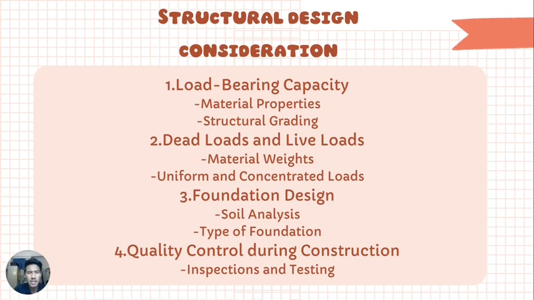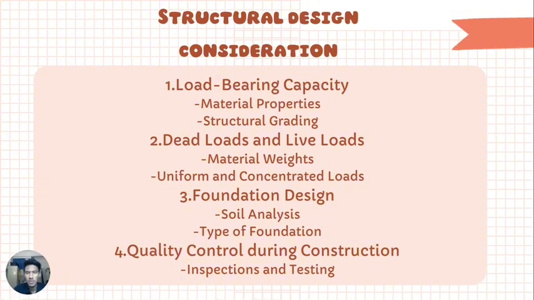Then the third element is foundation design. We must take a look at the soil analysis and type of foundation. For soil analysis, must conduct a thorough analysis of the soil condition to design appropriate foundation. We know that different soils have varying capacities and settlement characteristics. Also type of foundation.